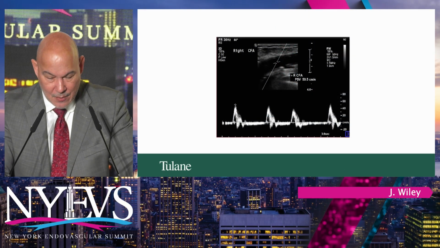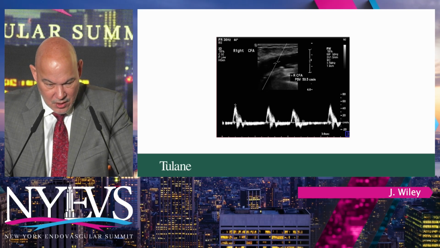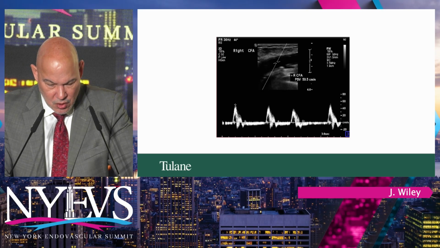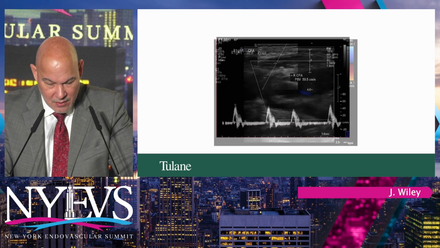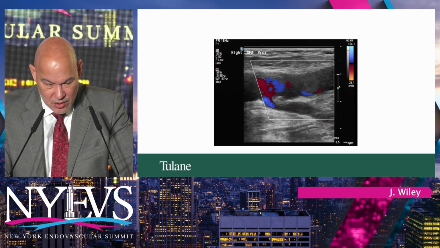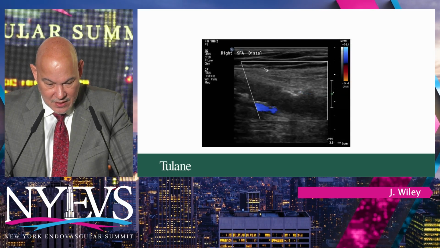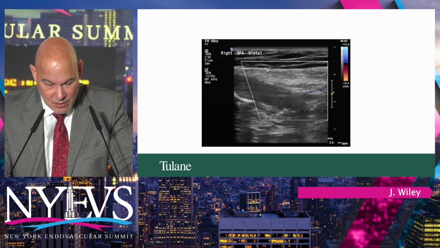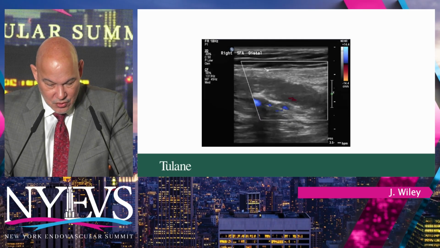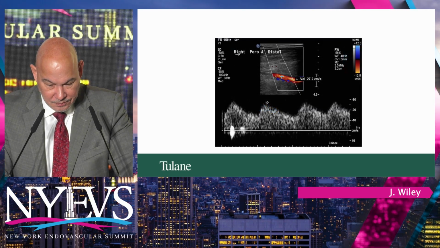You see here Dopplers, we're in the right common femoral. Velocities are a little low with a small amount of spectral broadening. However, when we move down into the SFA, you see there's interrupted color flow in the proximal region of the SFA. You see now metal within the vessel suggestive of a stent with low flow.